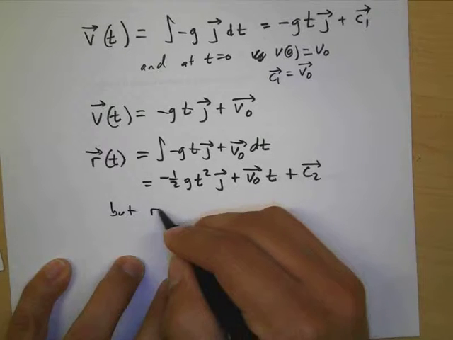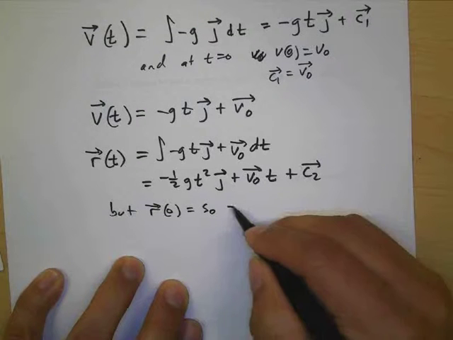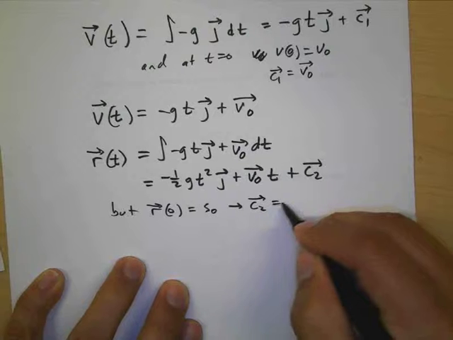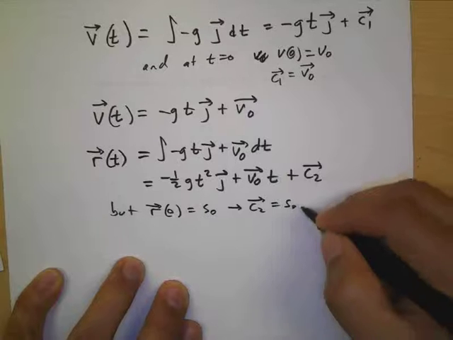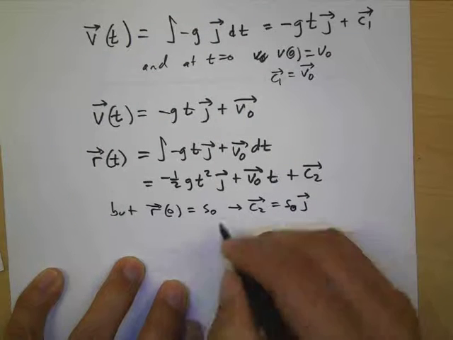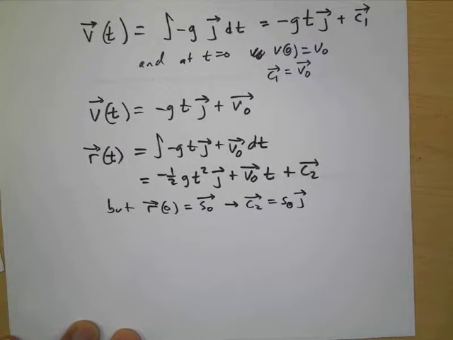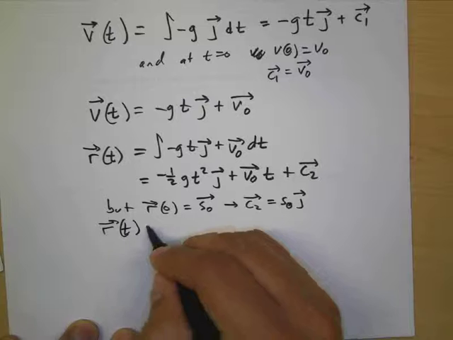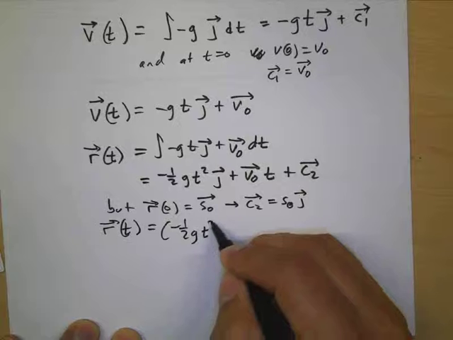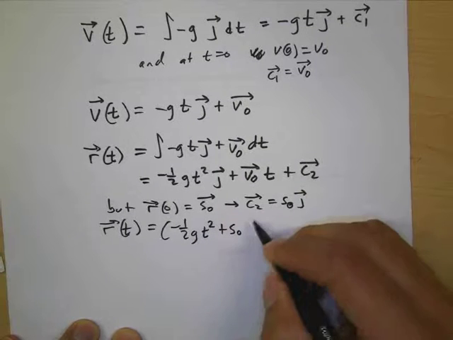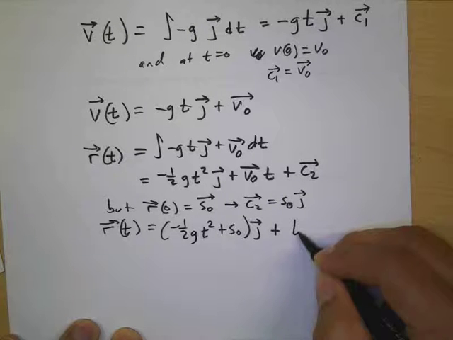But what's r of 0 equal? S naught. So then that means that c2 is S naught, which in this case, since we're up, is S naught j. Okay, so now we have r of t equals, and if I group some stuff together, minus 1/2 gt squared plus S naught times j plus t times v naught.